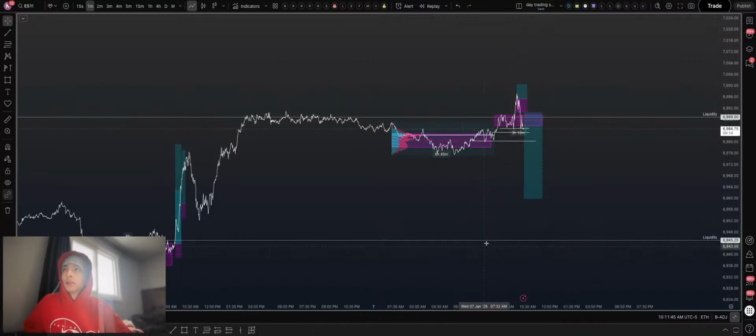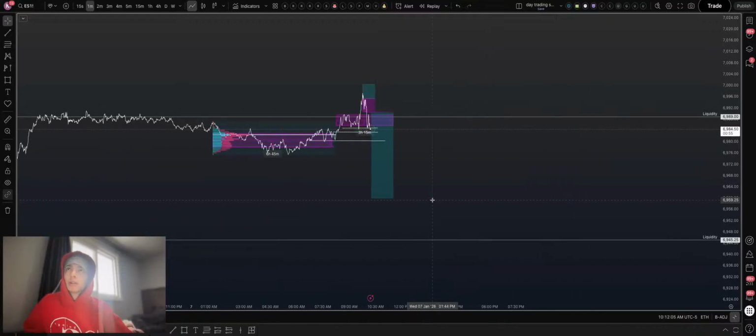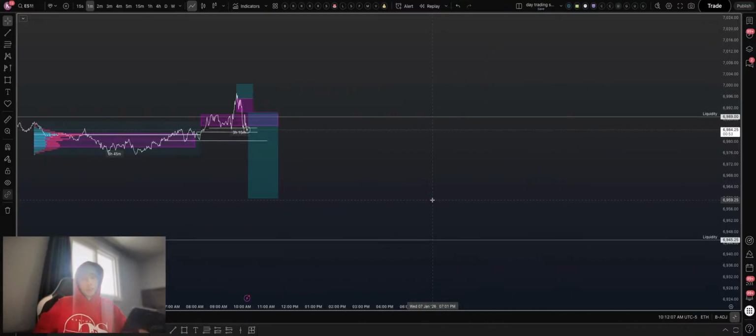The next liquidity level is down here. We also do have this imbalance here. It's a small imbalance like right here, but the market needs to just naturally balance itself out. So this is healthy shorts.